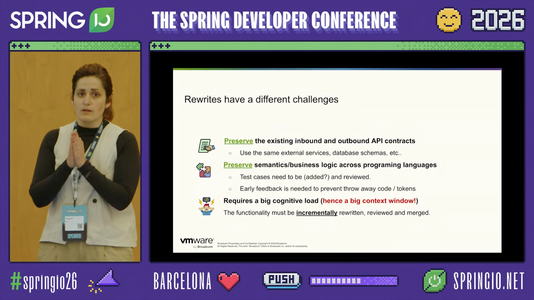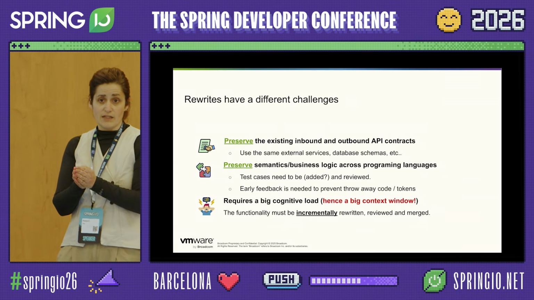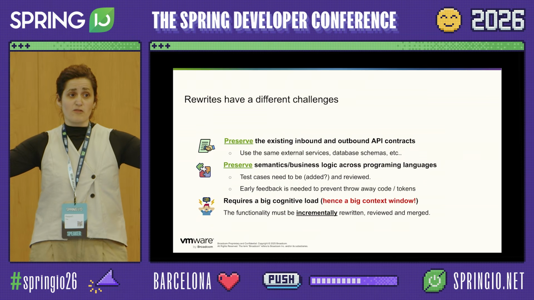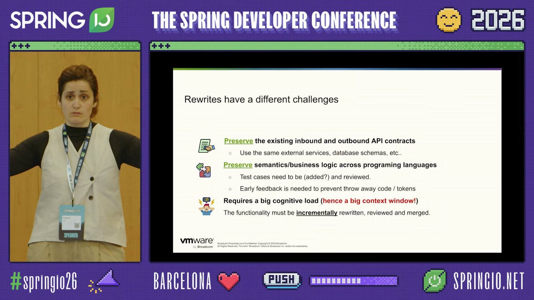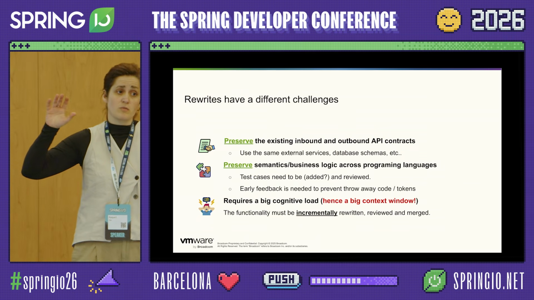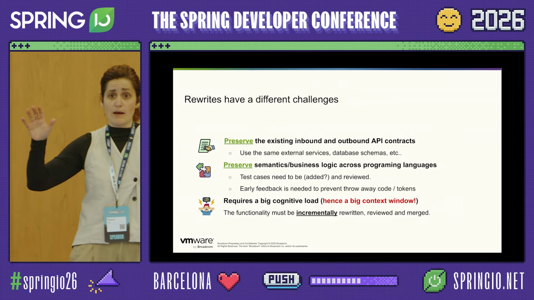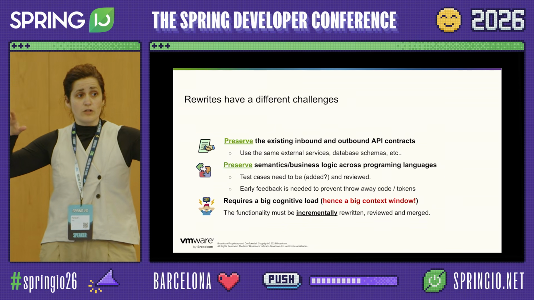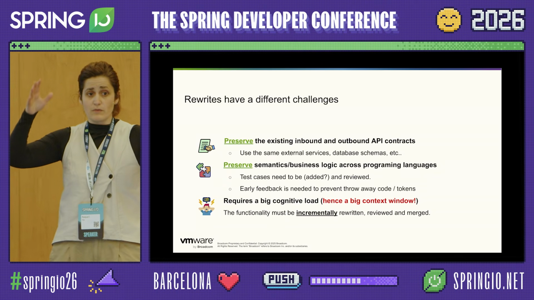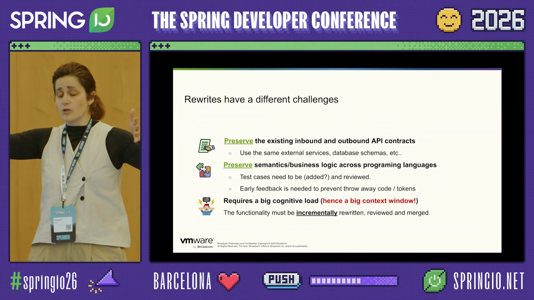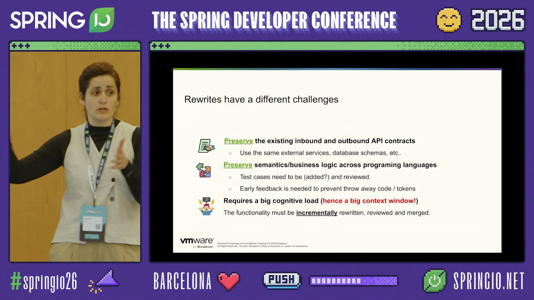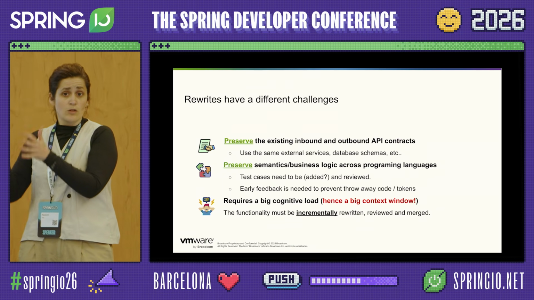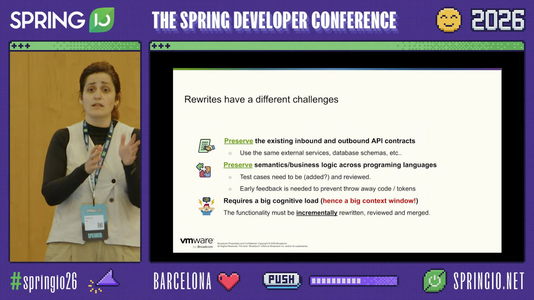We want contracts to be preserved, because otherwise you cannot divide and conquer the problem of modernizing multiple applications simultaneously. You need to assume something, because applications and services are interconnected. And in order to move them from their current technology to a modern framework in production, you need to do this step incrementally, and you need to make some assumptions. Those assumptions are the contracts that they expose.